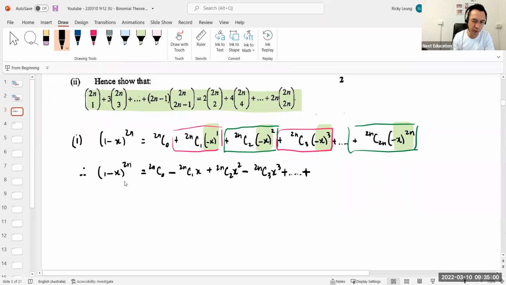How do I know it's even? Because it's 2 times any integer, right? If it's even, then the power of negative x makes it positive, right? So 2n c2n x^2n. Now, feels like I'm going to use this, so I should name it number 1. Yeah? All right.